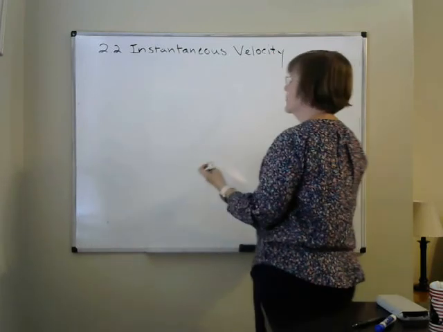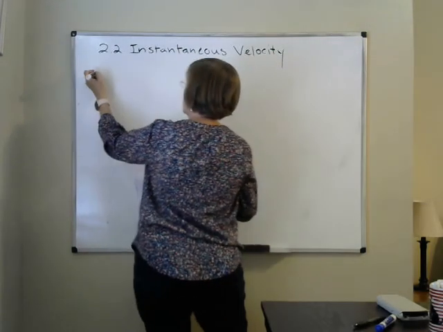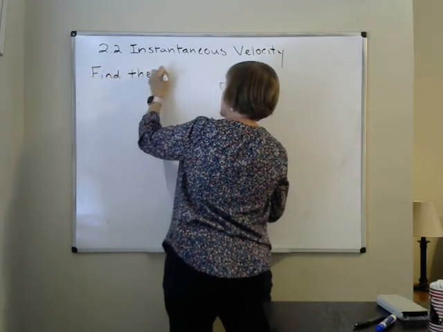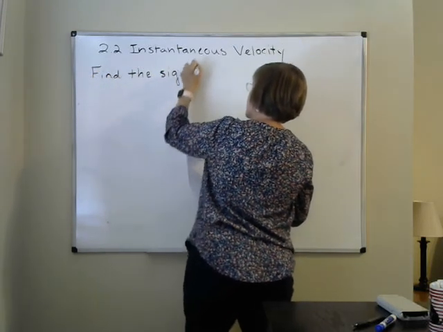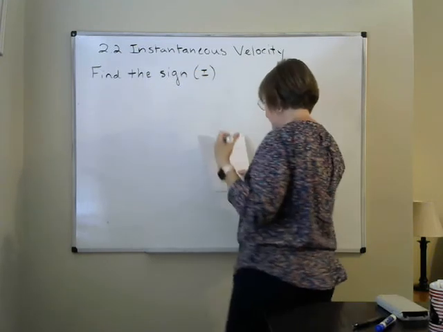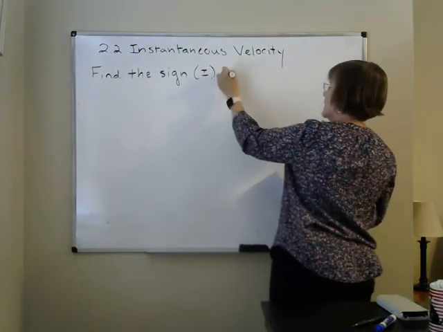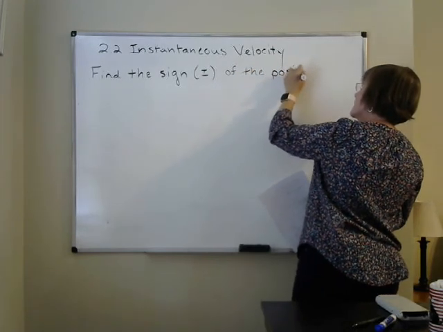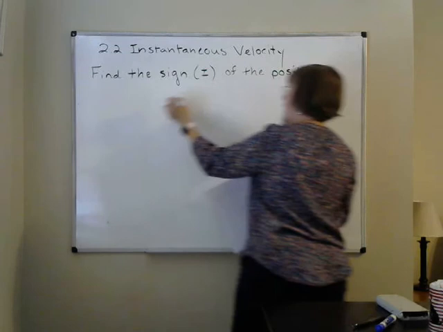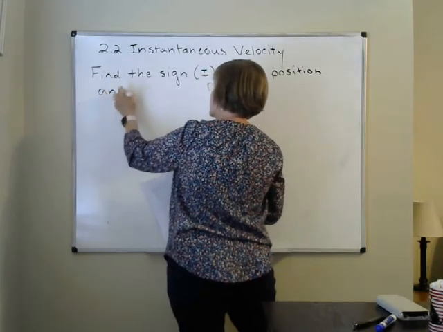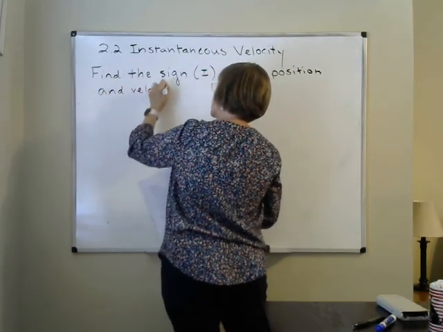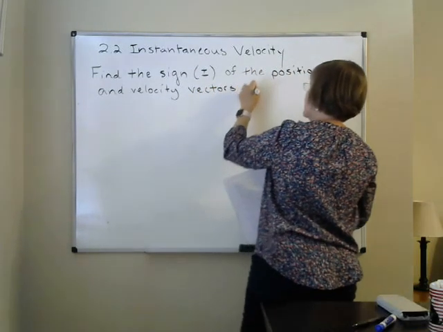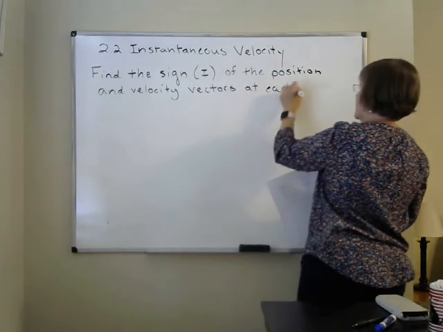This is an example. I want us to find the sign, by sign, I mean positive or negative, of the position and velocity vectors at each point that I'm going to label on this graph.